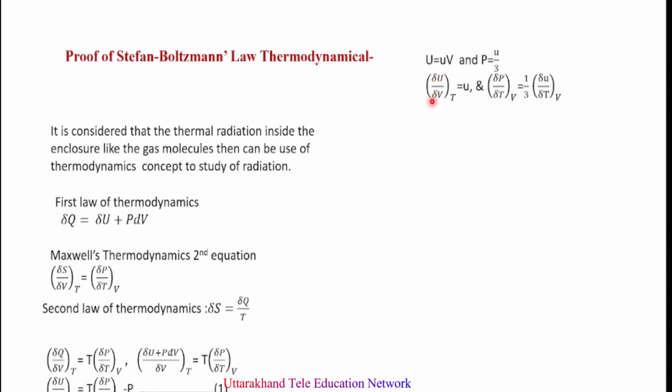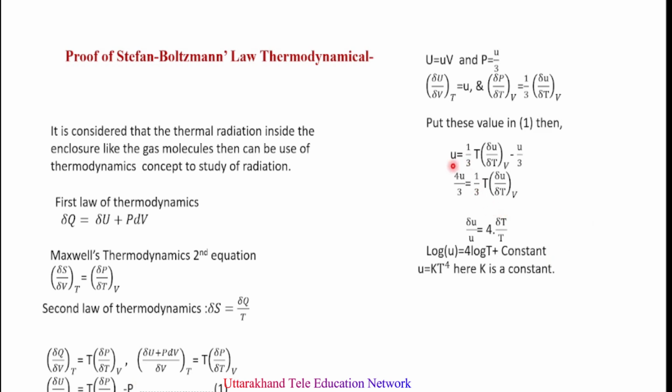Now we put the values of del U over del V at T and del P over del T at V in equation number 1. Then we get small u is 1/3 T del u over del T at constant volume V, minus u by 3.